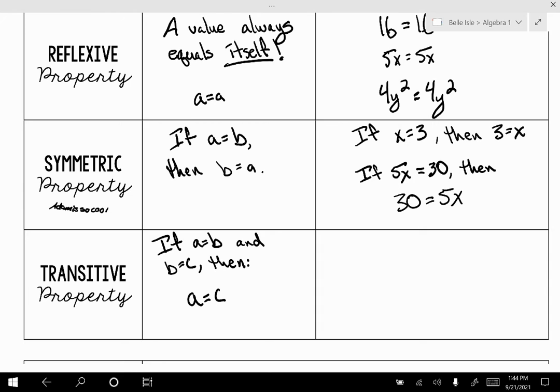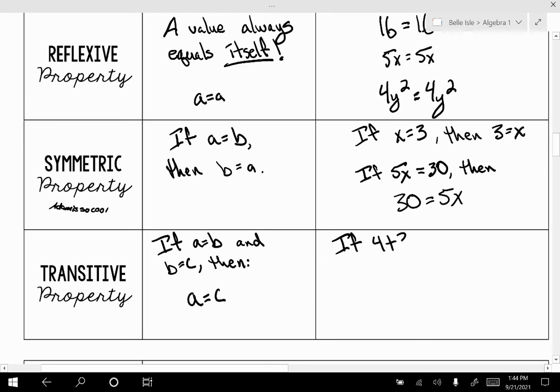So reflexive property is on both sides, they are the exact same. Okay? We're not implying that they're the same. Symmetric is that they can be flipped. But they're not necessarily like 30 equals 30. We've got 5x equals 30. Whereas with reflexive, you'd have 5x equals 5x. Okay, so they're only slightly different. Because you could also use symmetric property, so C would also equal A. Yes. Okay, so let's look at an example.